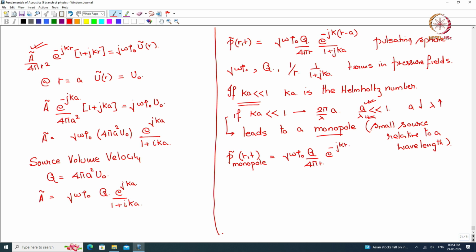Okay. So you can kind of see that it looks like the Green function. Okay, this looks like the free space Green function. Now from here, this is our main term.